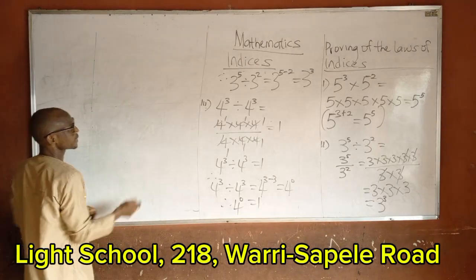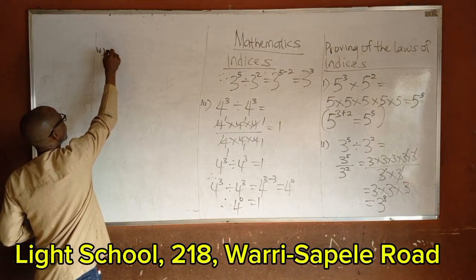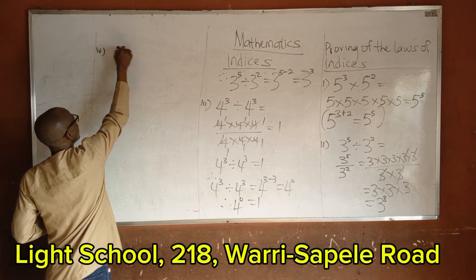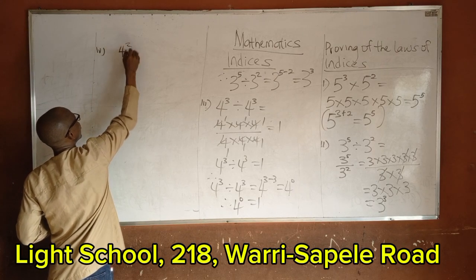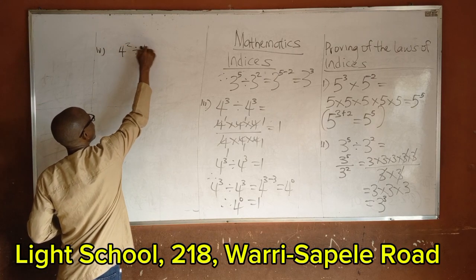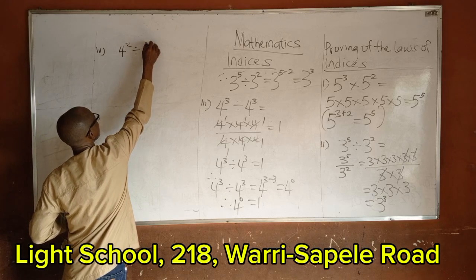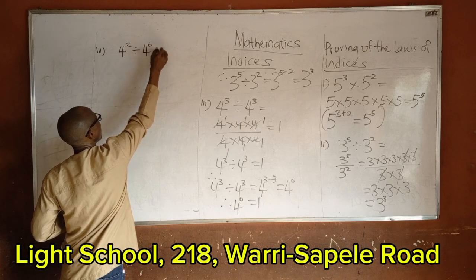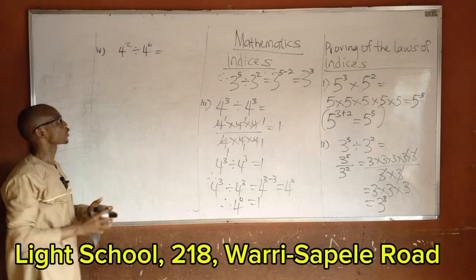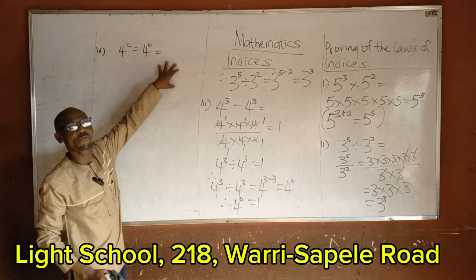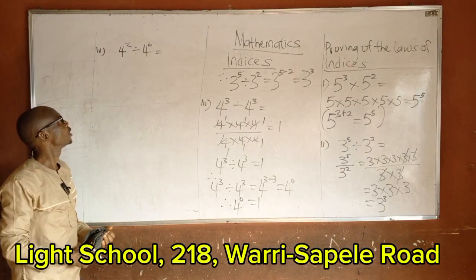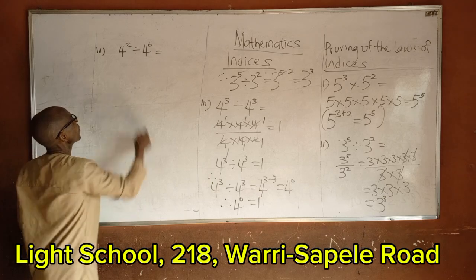Let's look at that. Let's say we have 4 raised to the power 2 divided by 4 raised to the power 6. This will give us what?